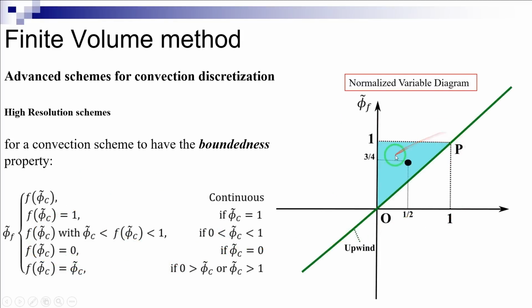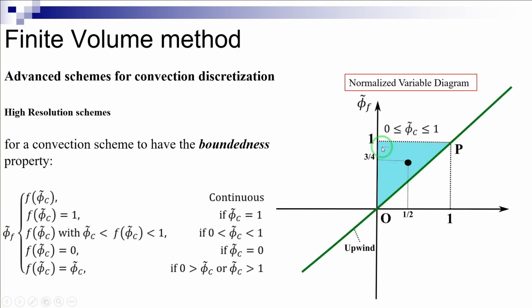Thus, to construct a high resolution scheme for the convection term which possesses the boundedness property, the monotonic profile in the range of phi tilde c between 0 and 1 should pass through the points 0, 0 and 1, 1 while remaining within the upper triangular shaded region on the normalized variable diagram.